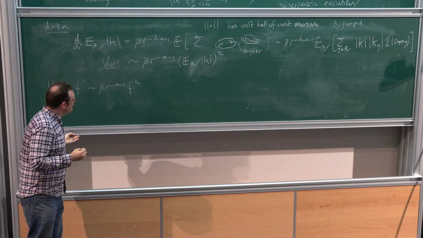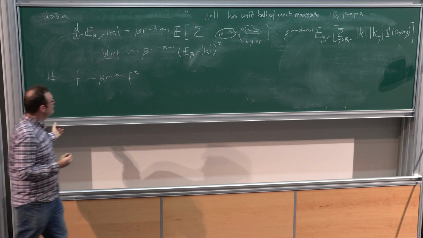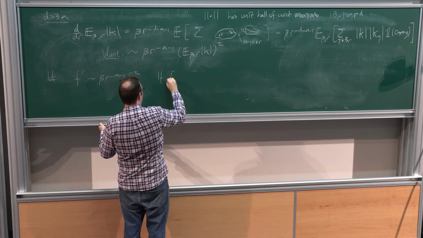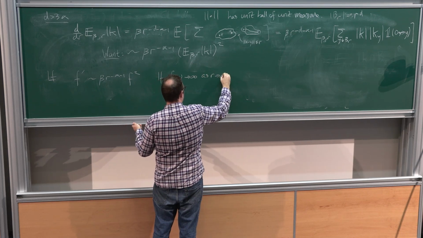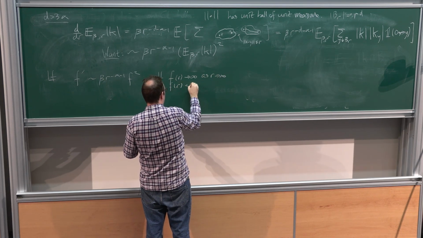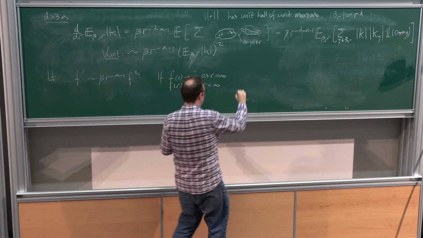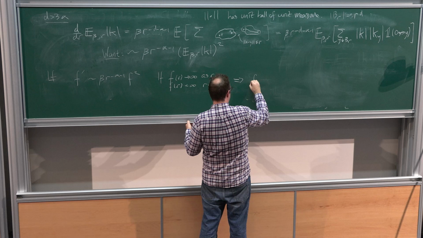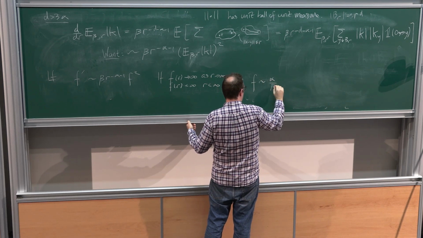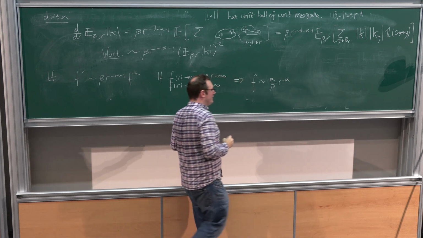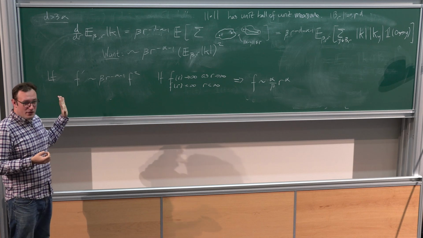Then if f of r tends to infinity as r tends to infinity, but is finite before that, this actually forces f to be asymptotic to beta over alpha times r to the alpha. Why is this true? Well, it's just a calculus thing.